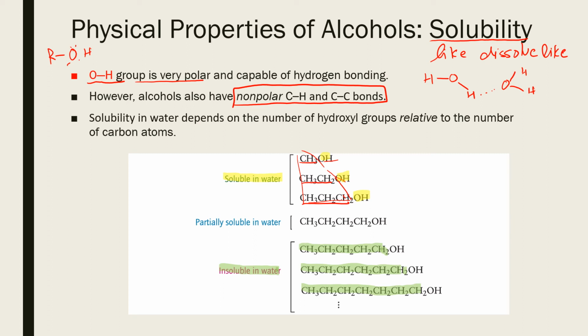The butanol, or alcohol with only 4 carbon chains, is somewhere in the middle, so this is partially soluble in water. In this case the non-polar carbon chain is moderately high, but the hydroxyl group is also there, therefore alcohol with 4 carbon chain is partially soluble in water.